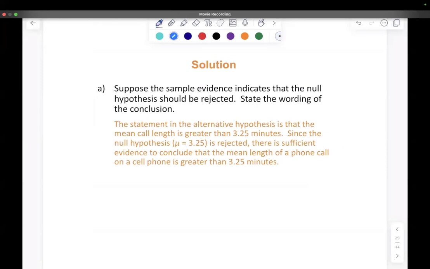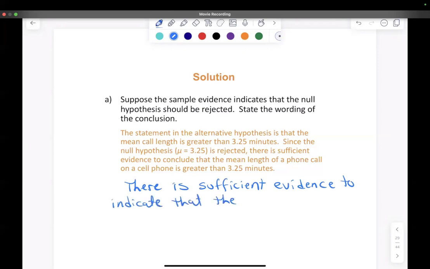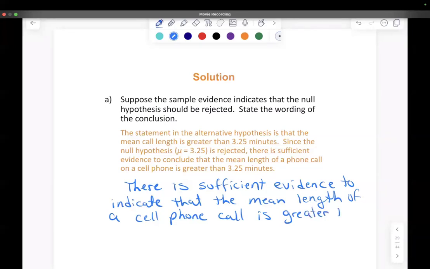Here's what I would say. There is sufficient evidence to indicate that the mean length of a cell phone call is greater than, this is not a lot fewer words, but it's fewer words, than 3.25 minutes.